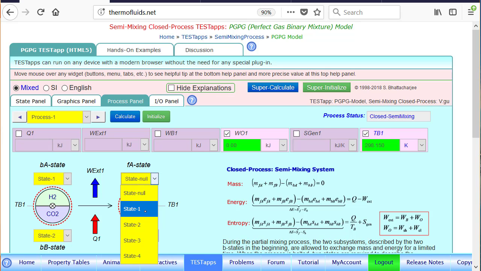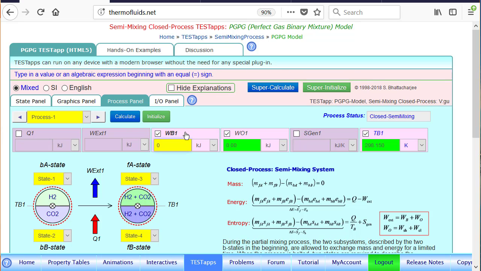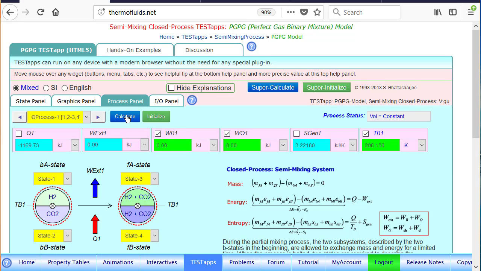For the final states, we have state 3 and state 4, and they're both hydrogen plus CO2. We know that there is no boundary work because the volume never changed. Oh, and the boundary temperature is 25 degrees Celsius, which is actually 298 Kelvin, the default value. So now you can see that once we press calculate, both the heat transfer and the entropy generation are calculated.